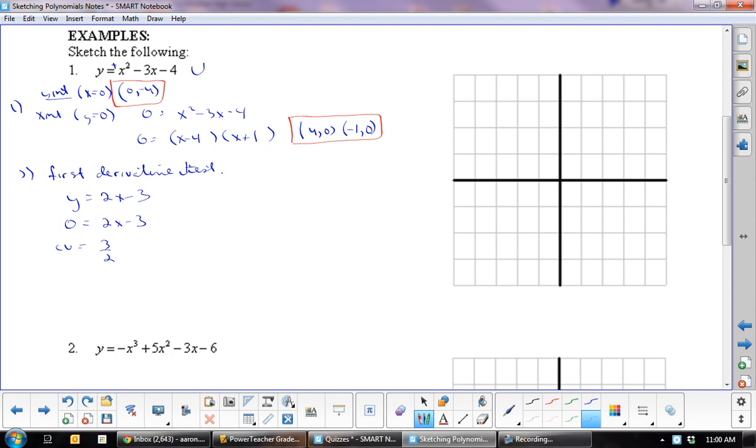Now, you can't just go graph 3/2, right? So we need to find out the y value. Just make sure you take this and you plug it into here. And then we should get -25/4.